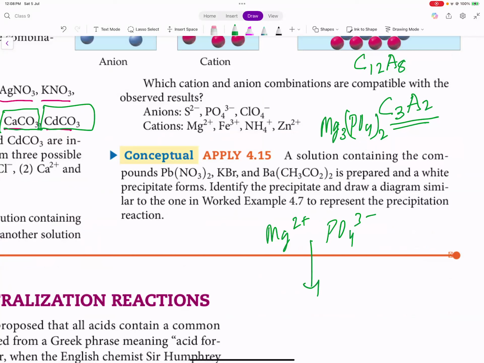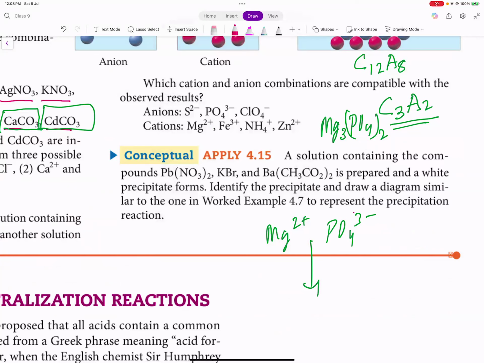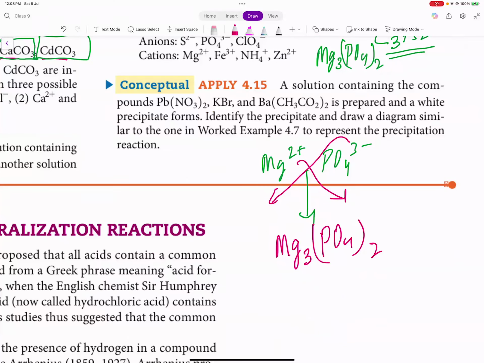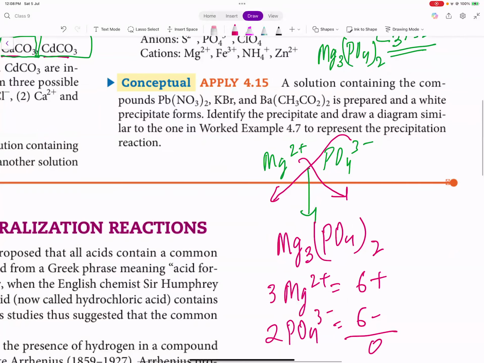We'll cross multiply this: it's charge here, it's charge here. Meaning thereby it will form Mg3 and PO4 2, because only then the charge will balance. There are 3 Mg, so the total charge is 3 times 2 plus, which is 6 plus. And 2 PO4 3 minus will have 6 minus charge. So that is how they will become neutral. Got it? Okay. So this is how it is.